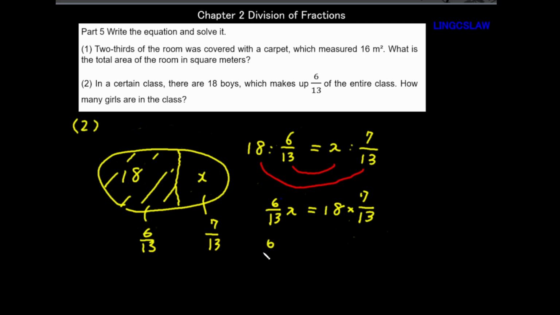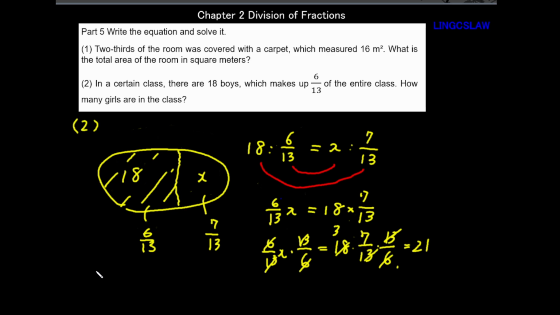So 6/13 x times 13/6 will all cancel out, and 18 times 7/13 times 13/6, and 13 will be cancelled out, and 18 over 6 reduced to 3, so 21. So the number of the girls is 21.